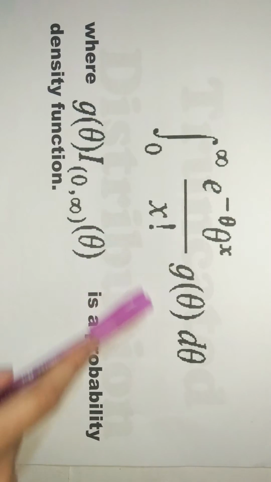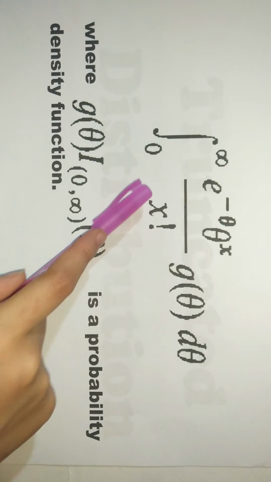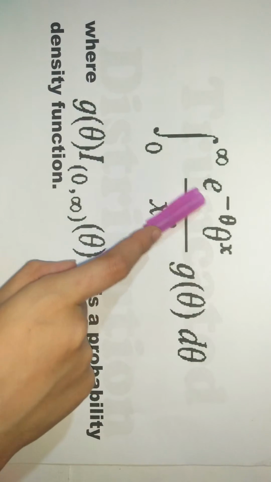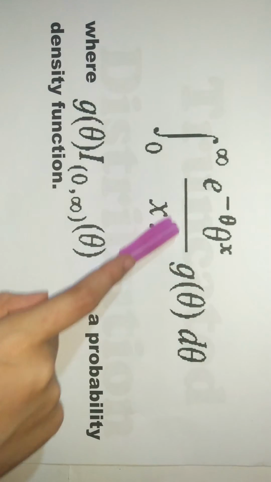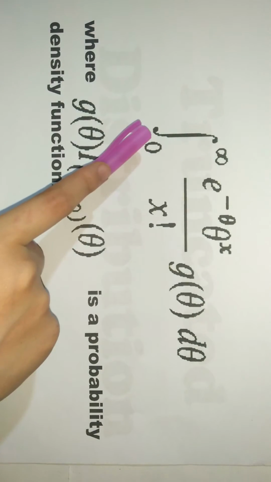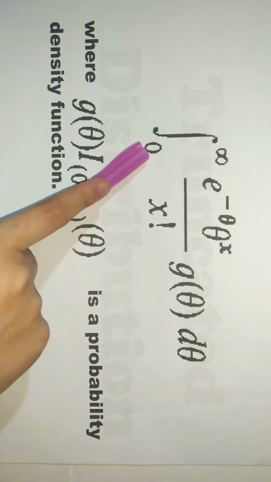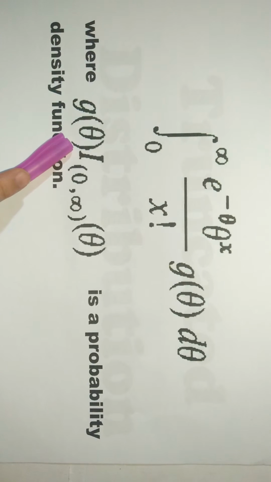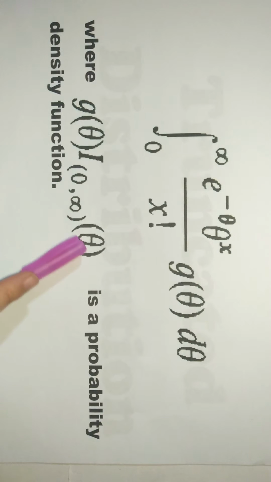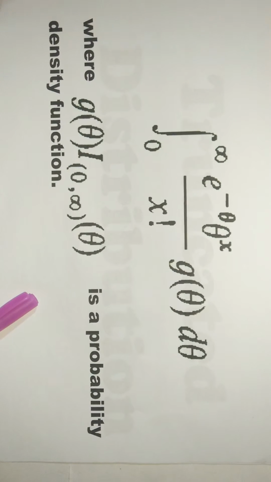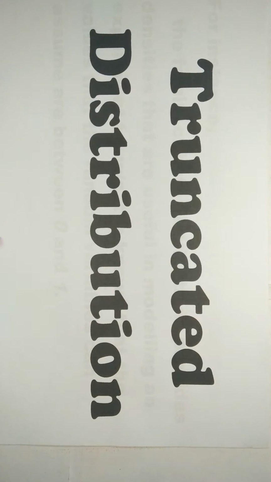Then this equation here, which is the integral of e raised to the negative theta times theta raised to x over x factorial times g of theta d theta, evaluated from 0 up to infinity, where g of theta with indicator from 0 to infinity of theta is a probability density function. And that's all for the contagious distribution.